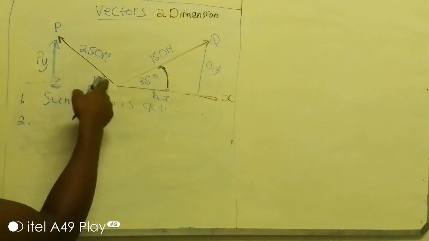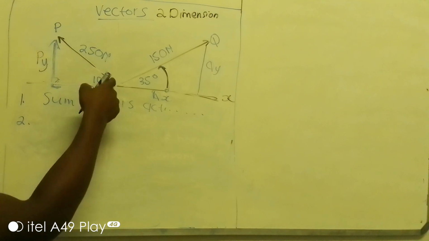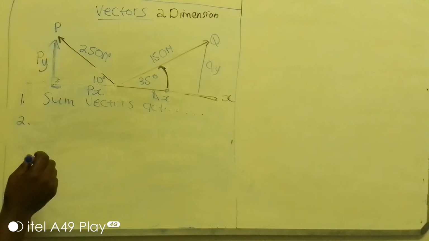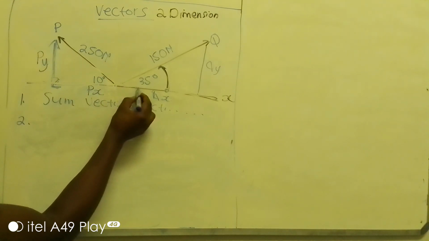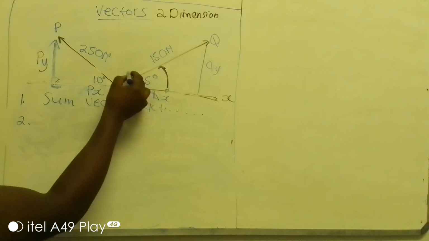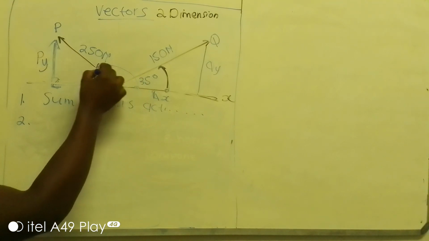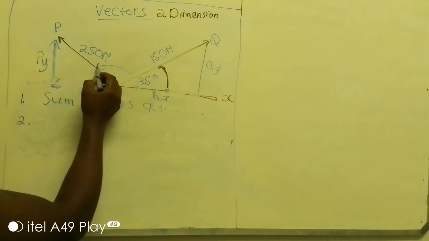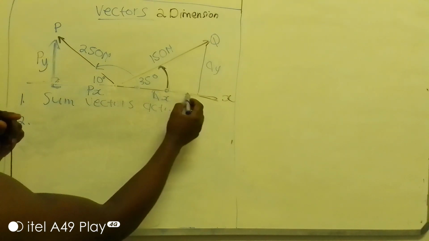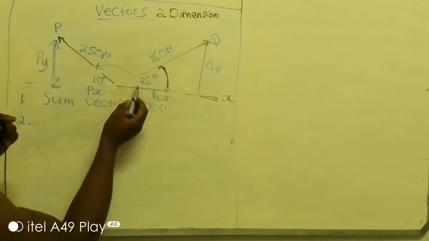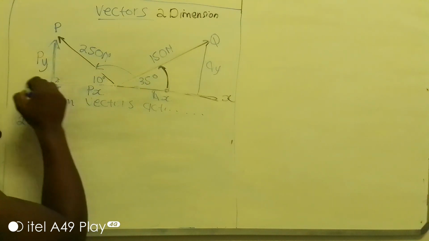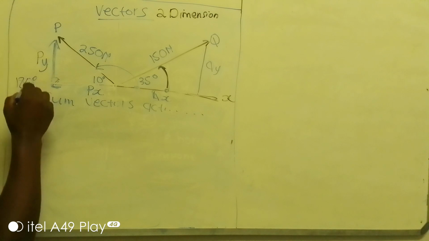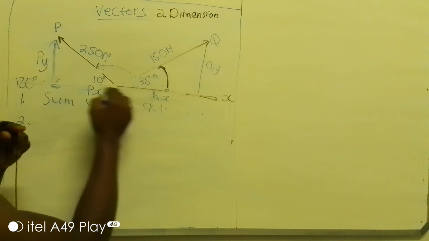So for P, the given angle is 10 degrees. Where does theta start? At the x-axis, up to the vector we are talking about. Meaning it is going to be this whole angle. You notice this is a straight line. If you want to know this whole angle, you use 180, because angles on a straight line are equal to 180.